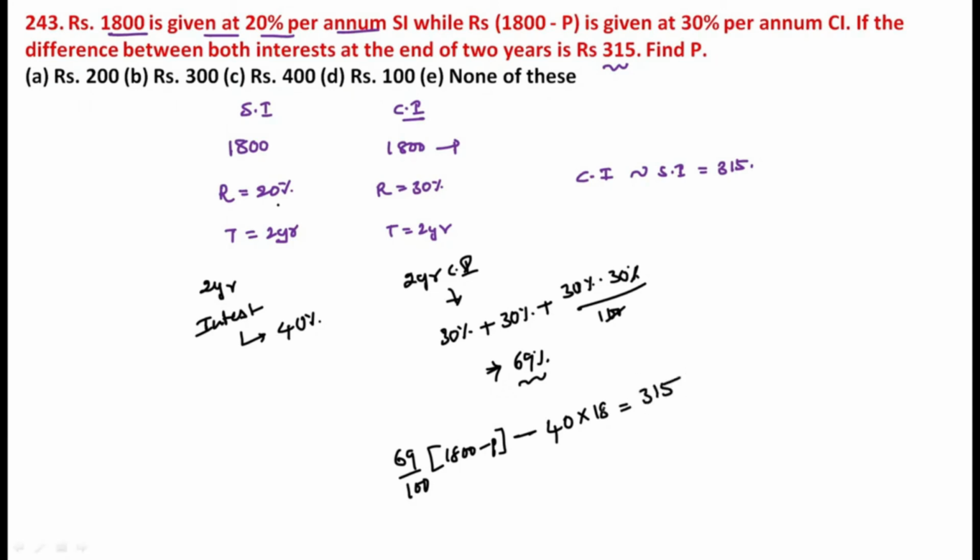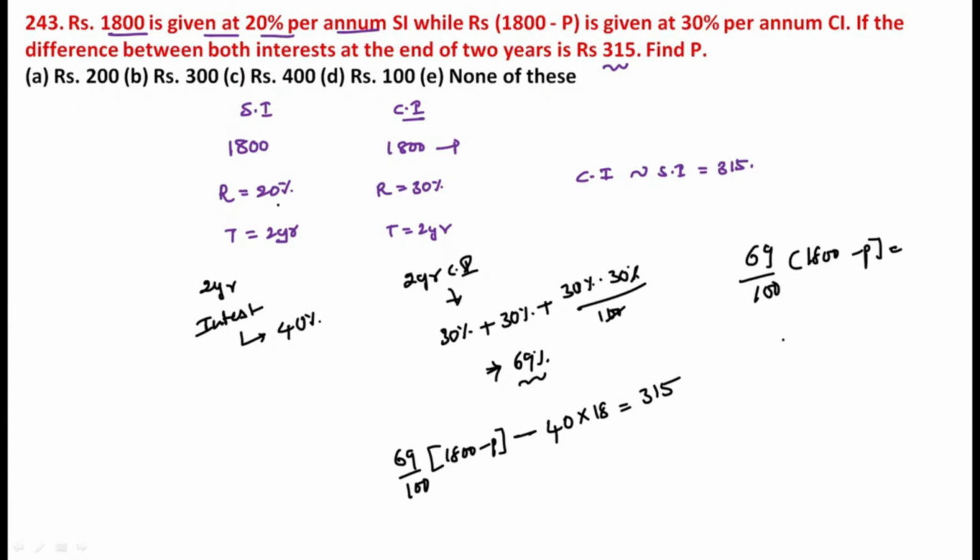Now go through the calculation. If you see the calculation, you already know that 18 fours are 72, into 10 is equal to 720. Now 69 by 100 into 1800 minus P is exactly equal to 720 plus 315.